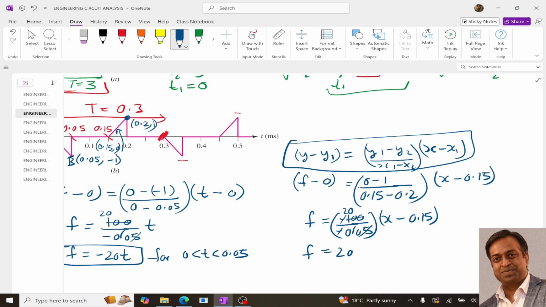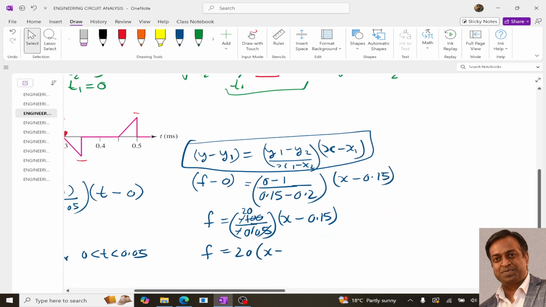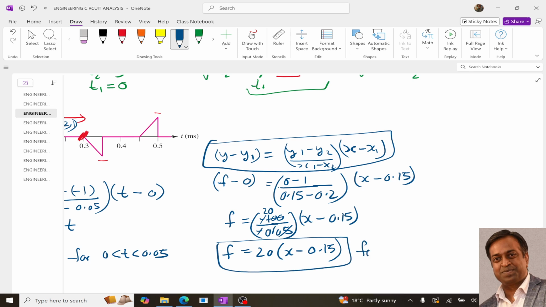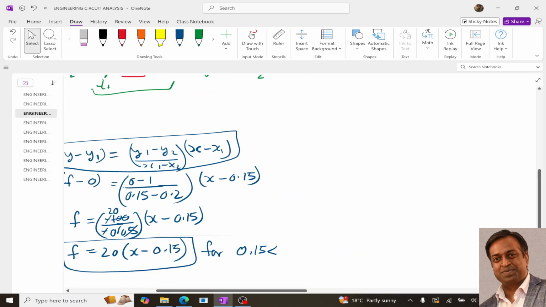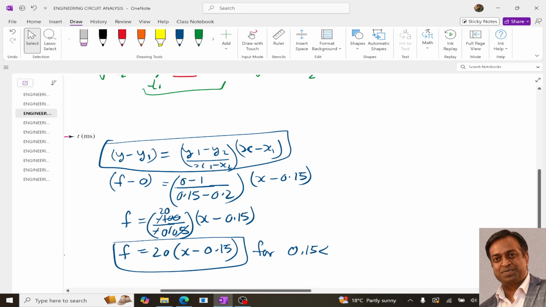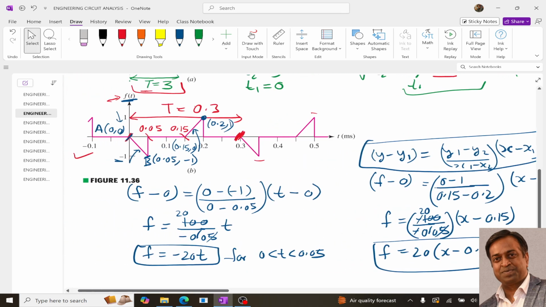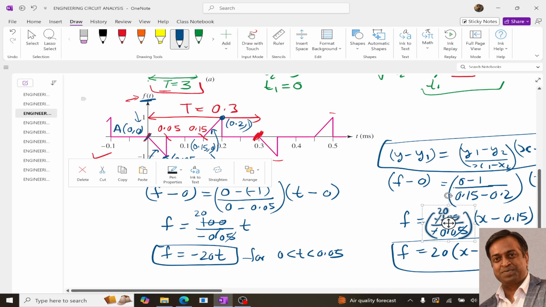So f equals to 20 x minus 0.15, right? So this is the equation for 0.15 less than t less than equal to 0.2, right? So these are the two equations that we obtained, and for the remaining part we know that it is 0 over there, right?